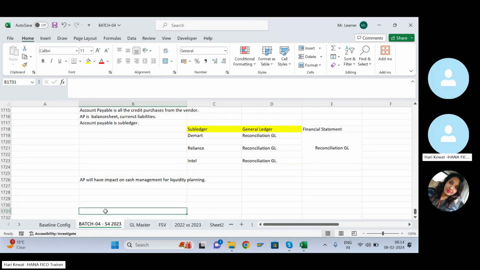Now in SAP, there are two kinds of purchases.